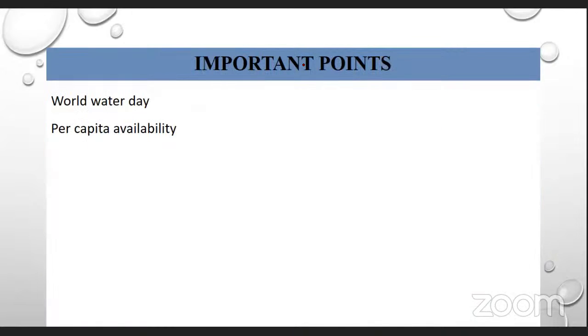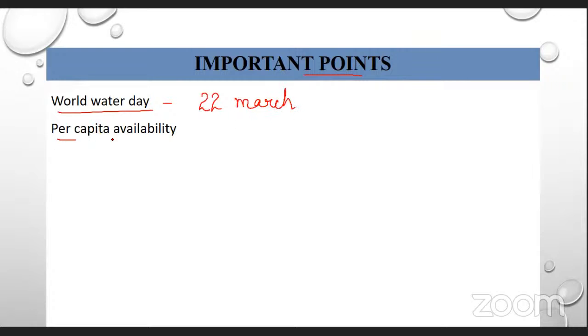Now some more important points are there which I have left, like World Water Day. Since we are studying water, we should know on which day World Water Day is celebrated. The answer to this question is 22 March.